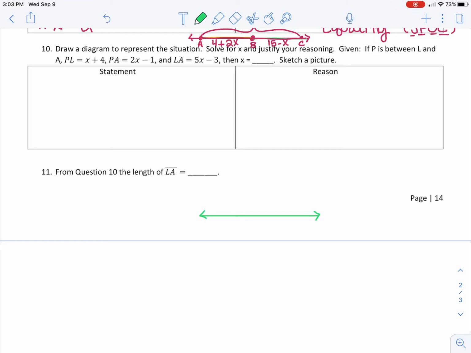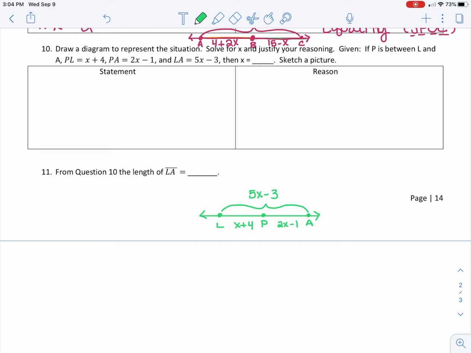And it says if P is in between L and A, PL is equal to x plus 4. PA is equal to 2x minus 1. And LA, so this entire segment, is equal to 5x minus 3. Then x is equal to what? We're going to figure that out. And it says to sketch a picture.